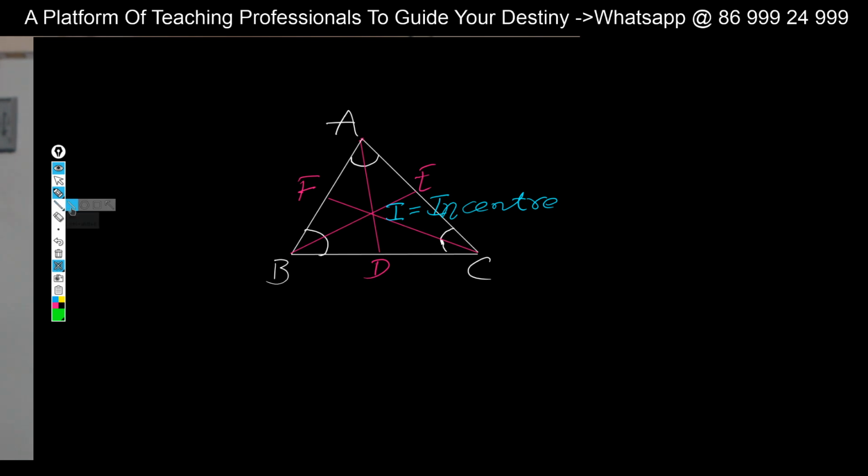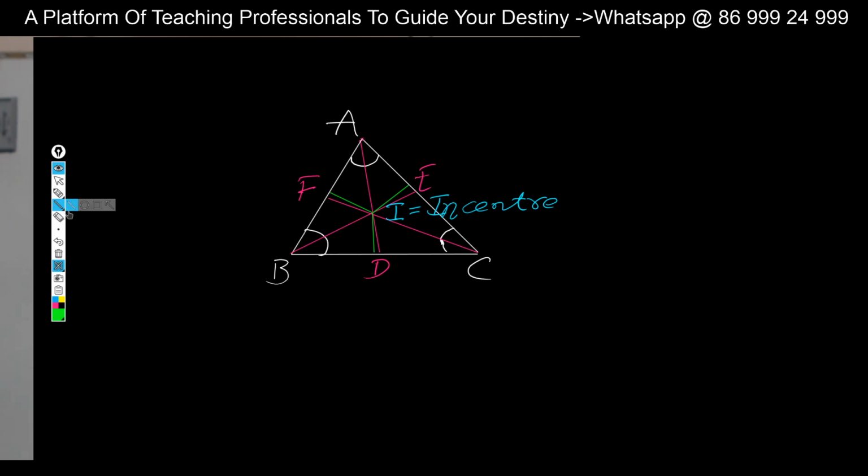If you draw a line which is the perpendicular distance from I to BC, similarly, this is another perpendicular, similarly, this is another perpendicular. So these are the three perpendiculars that are drawn to the sides.